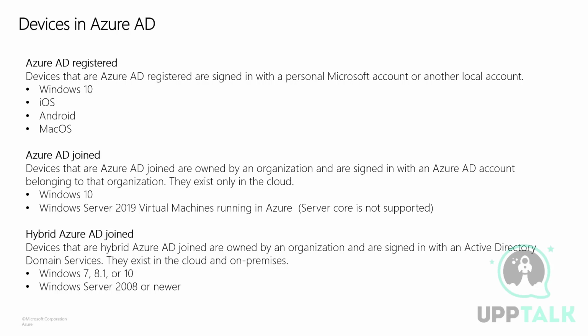So for your on-premises hybrid solutions, if you want to create all these device registrations, that can be done with your Azure Active Directory. Even if you are a new organization, even if you are setting up a new resource, you don't have to purchase or create your on-premises Active Directory. You can directly start working with Azure Active Directory.